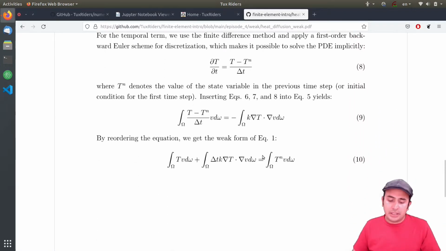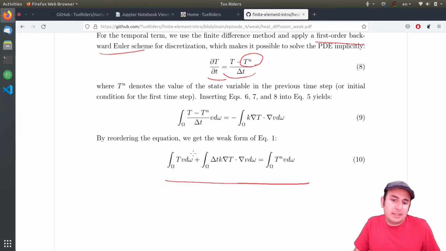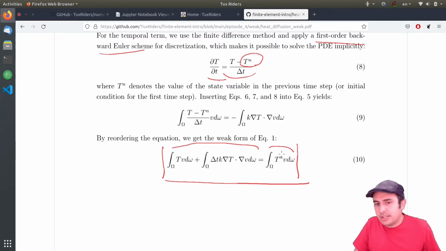And then we discretize the time derivative using the first order backward Euler. You see that is mentioned here. Having this, we know Tn, and then we multiply everything, and this is very similar to the kind of notation that we saw. So this is the bilinear form, and this is the linear form, which contains only the part that comes from here.